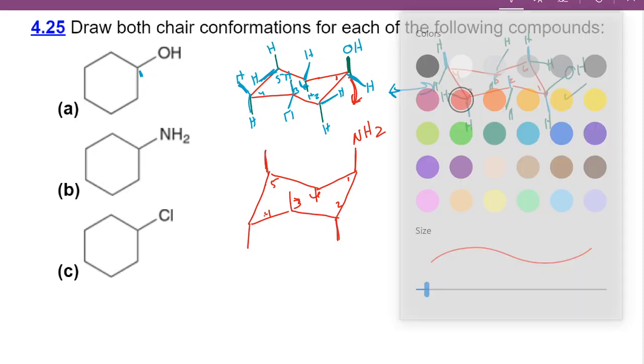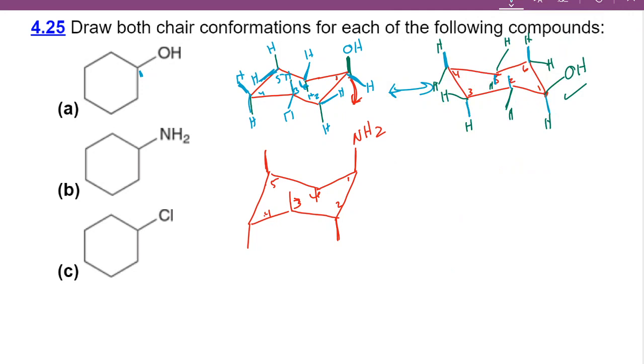Okay? Let's get the equatorials. At carbon 1 I had axial up, so now I'm going to have equatorial down. If I had axial down, I have equatorial up. Axial up, equatorial down, equatorial up, and so on. Okay? So now we just need to fill in the hydrogens.